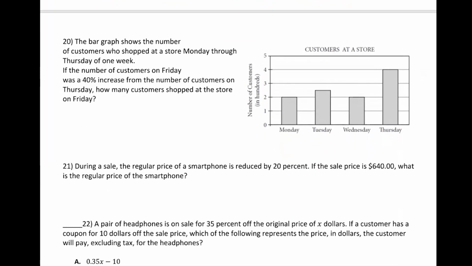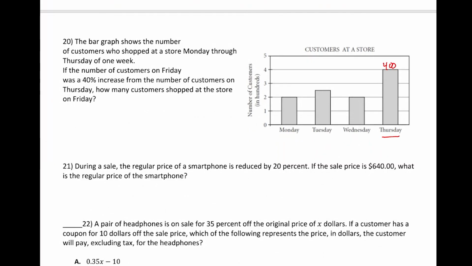Number 20 says the bar graph shows the number of customers who shopped at a store Monday through Thursday of 1 week. If the number of customers on Friday was a 40% increase from the number of customers on Thursday, how many customers shop at the store on Friday? So on Thursday, we can see that there were 400 customers.